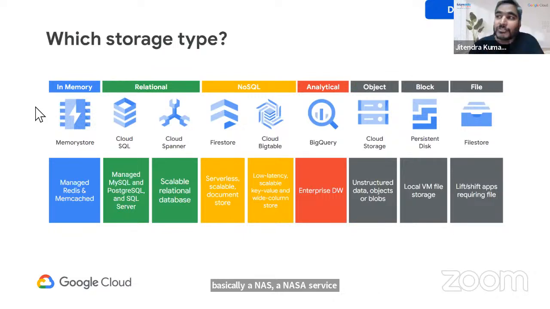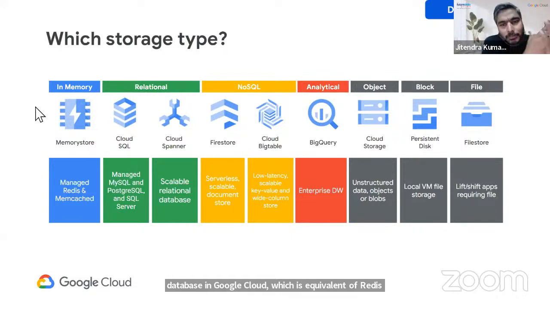On the extreme left, if you have used Redis or Memcache for caching services, to improve the performance of your application, you might want to consider the in-memory database in Google Cloud, which is the equivalent of Redis and Memcache.